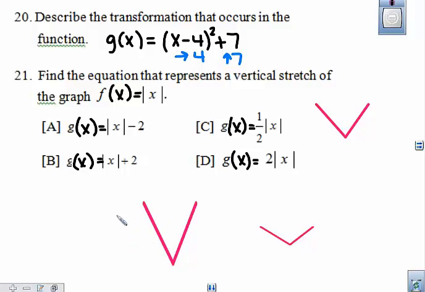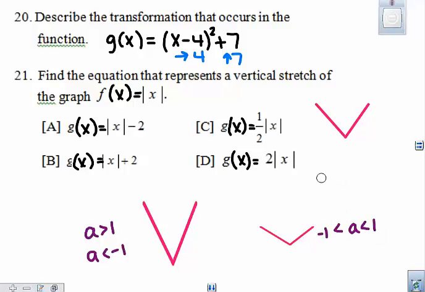Okay, so here, to stretch it to become taller, your a needs to be greater than 1 or less than negative 1. Okay, to shrink it, your a needs to be between negative 1 and 1.